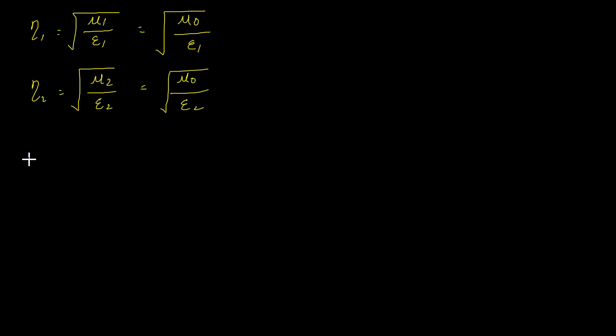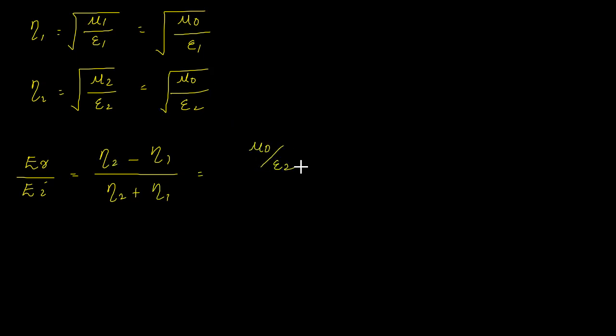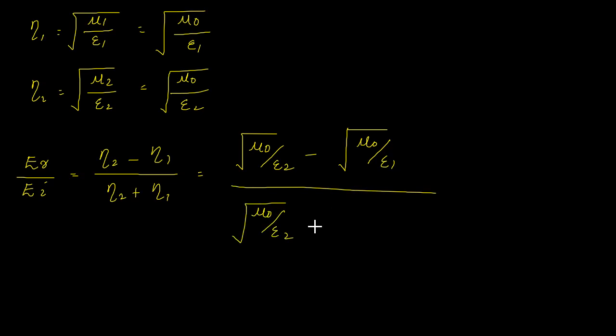Now I am going to use the expression of the reflection coefficient ER by EI, which was eta 2 minus eta 1 upon eta 2 plus eta 1. What is eta 2? Square root of mu 0 by epsilon 2, minus square root of mu 0 by epsilon 1, upon square root of mu 0 by epsilon 2 plus square root of mu 0 by epsilon 1. We can take out mu 0 because it is common in numerator and denominator.